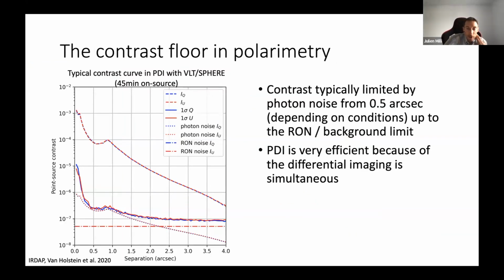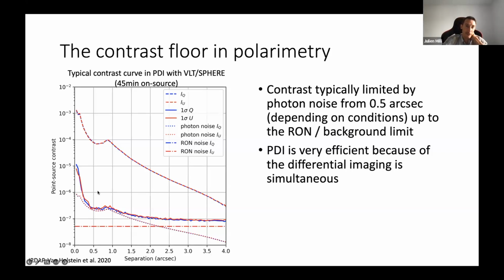So in the interest of time, I will go a little bit faster just to finish. How far can we go? Even in reference differential imaging, where we don't suffer from self-subtraction, as in angular differential imaging, we're still limited. If we really want to go even further, we have to do some kind of simultaneous imaging, and polarimetry allows you to simultaneously record on your detector two images that have been affected the same way by the turbulence, and that helps you to reach really deep contrasts.